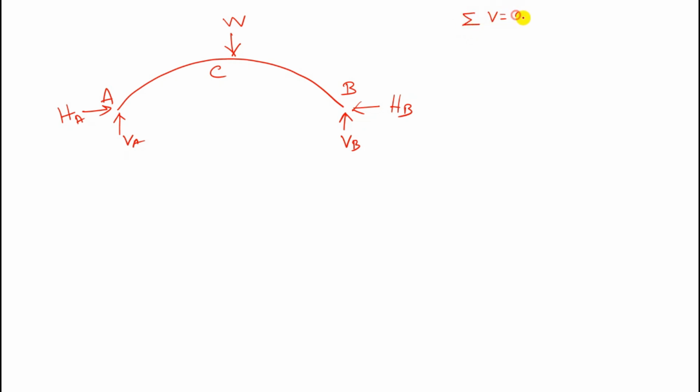Summation of V equals to 0. So VA plus VB minus W equals to 0. Summation of moment equals to 0.